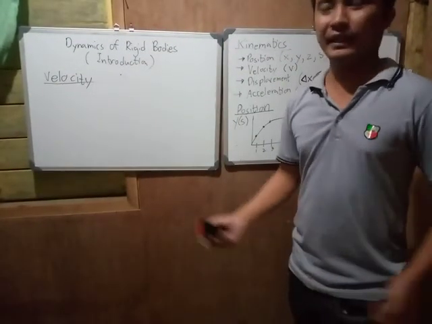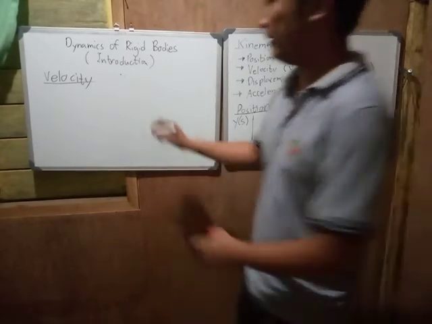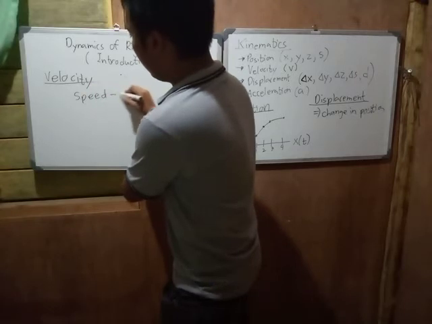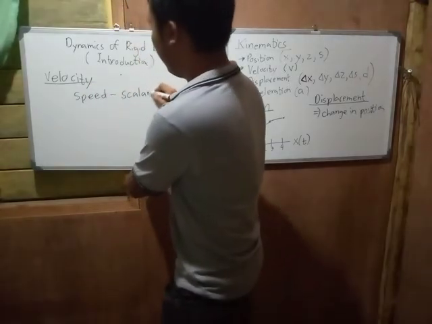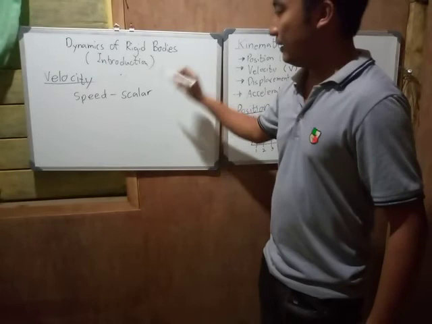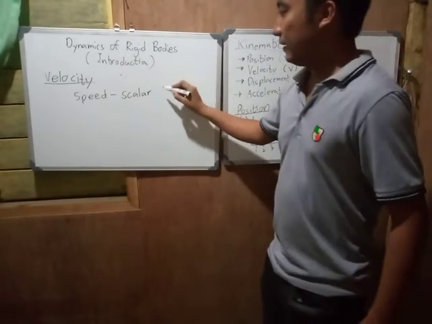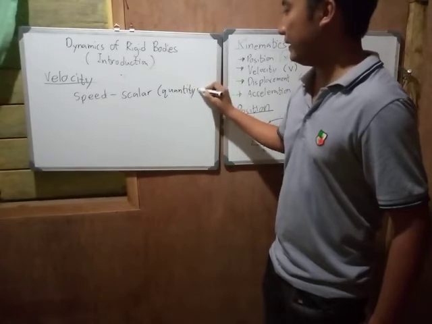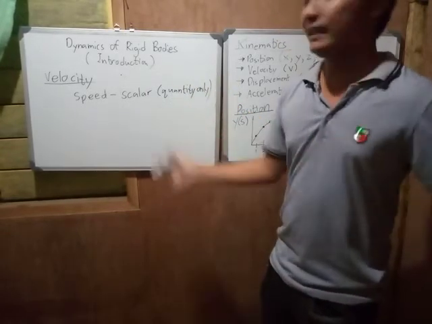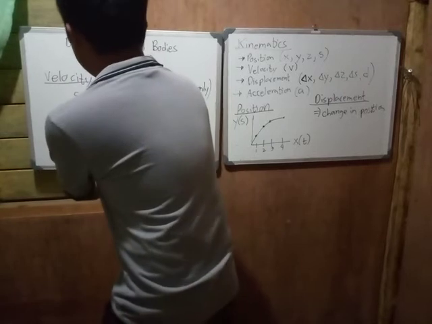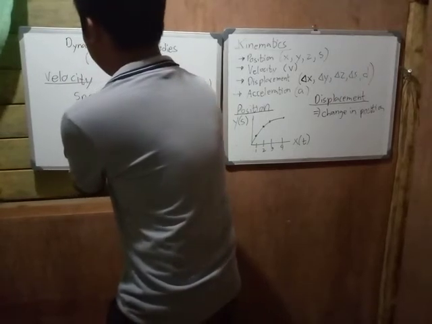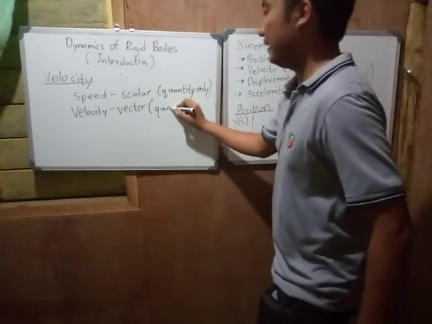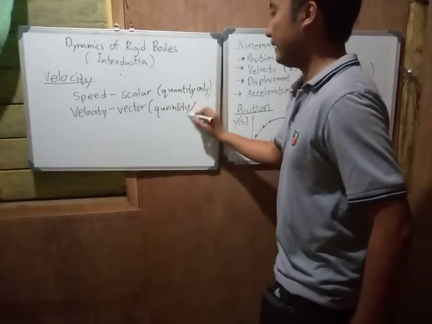Ano bang kaibahan nito sa speed? Pag sinabi nating speed, scalar. Ibig sabihin ng scalar, quantity lang, quantity only, walang direction. Samantalang si velocity is vector. Ibig sabihin, may quantity na, may direction pa.